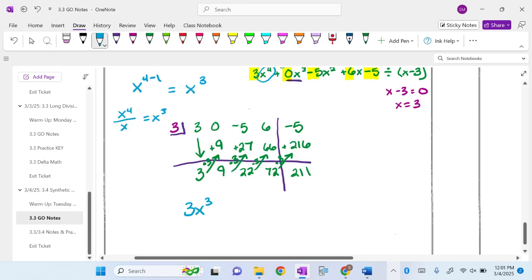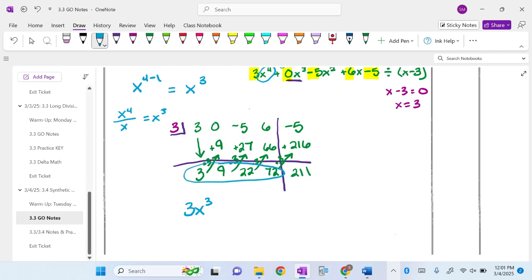What comes next going down the list? Nope. Again, look at these numbers down here. So plus 9x squared. What's next? Plus 22x.